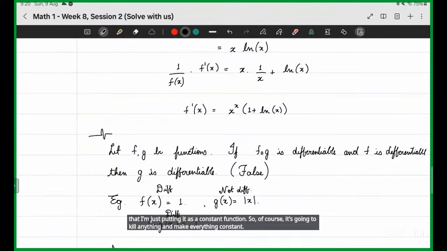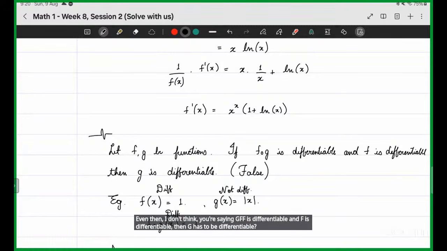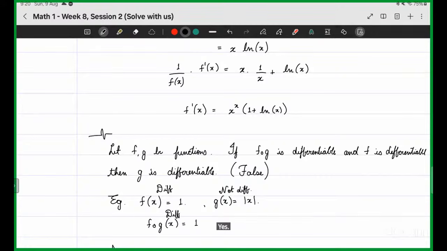What if we use g of f? Even then, I don't think you're saying g of f is differentiable and f is differentiable, then g has to be differentiable. That also, I think it is not correct, but I'll have to think a little bit more about it.